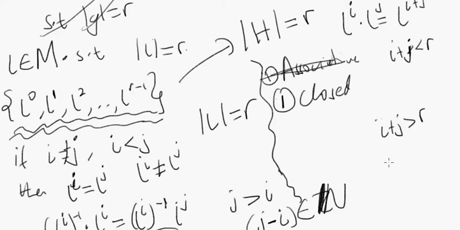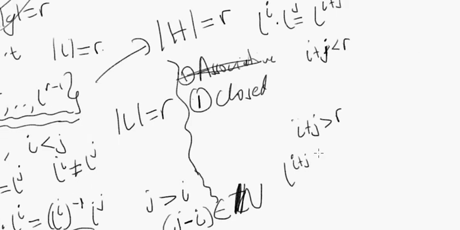Suppose L to the i plus j is greater than R. Doesn't that mean that L to the i plus j equals L to the R times L to the i plus j minus R? Would you buy this idea? So this is what we have now.